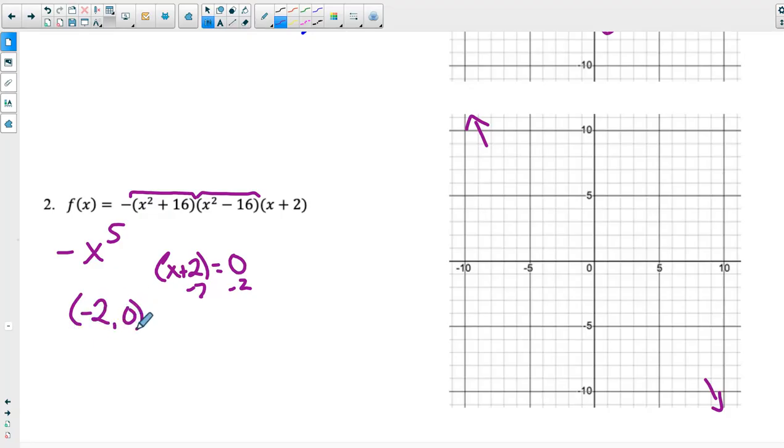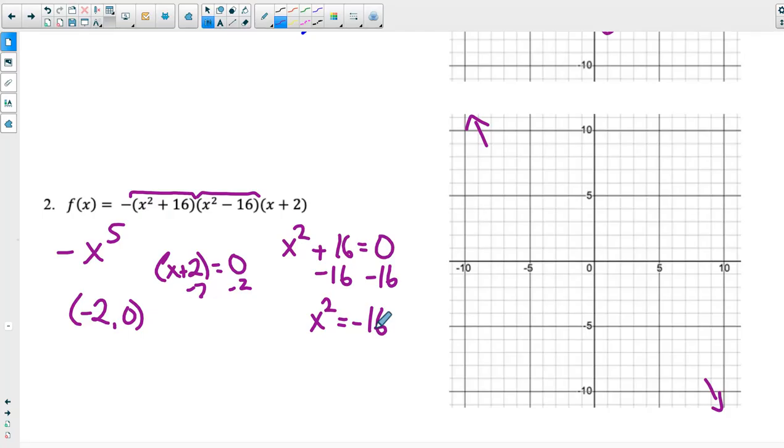We do the same thing here. I go x squared plus 16 equals 0, and I solve that. Now we're going one step further.